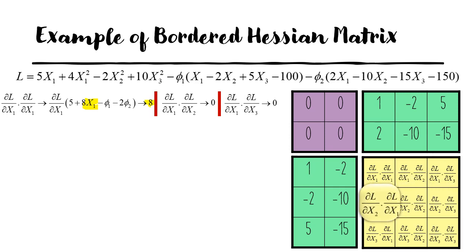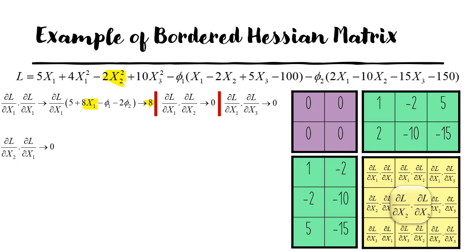Next, let me proceed to the next row. First, I am going to partially differentiate with respect to x2 and then with respect to x1. When I partially differentiate with respect to x2, I will get minus 4x2. But when I partially differentiate that with respect to x1, there is no x1 term, so that will be 0.